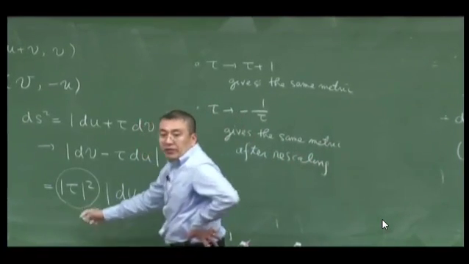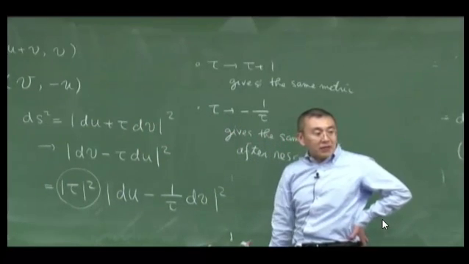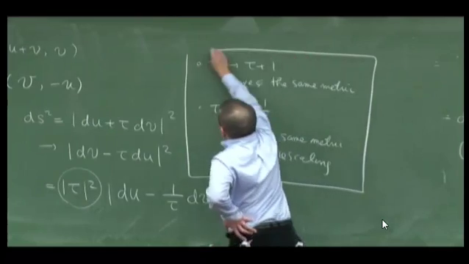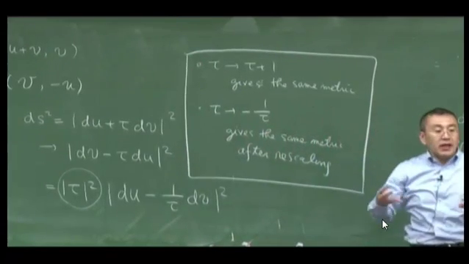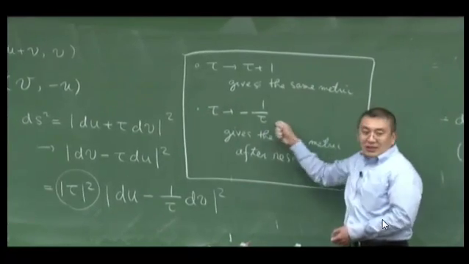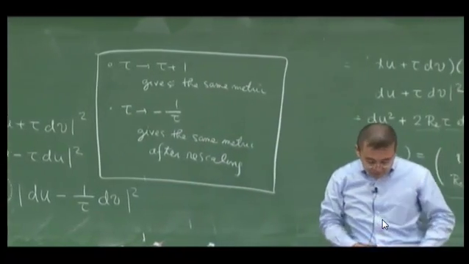Here the rescaling is by multiplication by the factor tau squared. So if you allow yourself to rescale the metric, then we can have both of these as a symmetry.